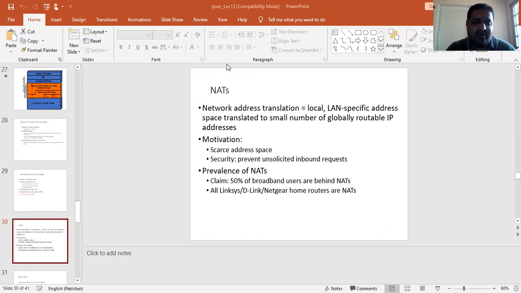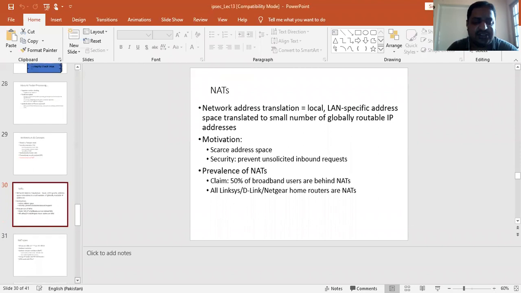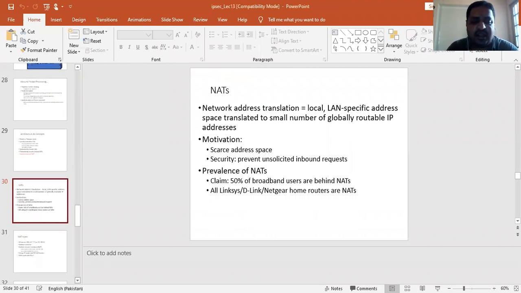So whenever data is sent to another network, it needs to be mapped to the public IP address. If it is using a private IP address, then it would be mapped to the public IP address. Or if it is coming into the network, then it would be mapped to the private IP address. In this way, network address translation, or NAT, is used to map the different IP addresses between the public network and the private network.